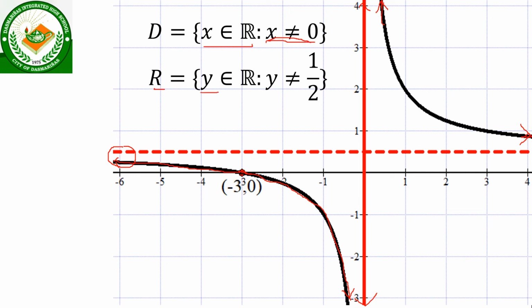For the range, we have the set of all y such that y is an element of the real numbers, but we exclude 1/2. Okay, that will be all for the first part of our discussion in graphing rational functions.